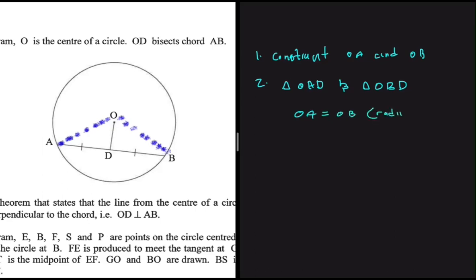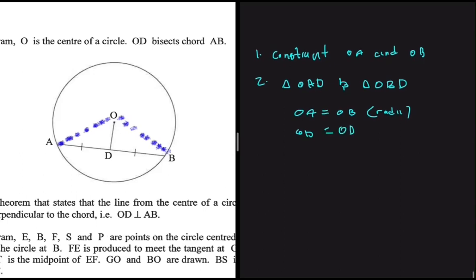They're all radii, right? So they're supposed to be equal to each other. And then now we can say that OD is equals to OD in the 2 triangles because it's a common side, right? So our reason here will be common side. And lastly, we're going to say that AD is equals to DB, right?